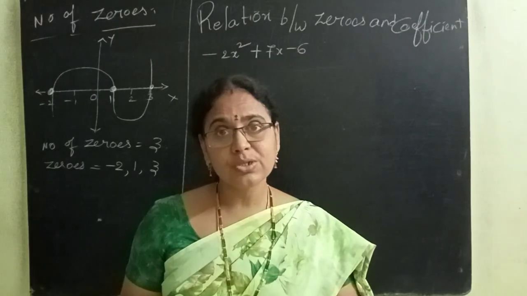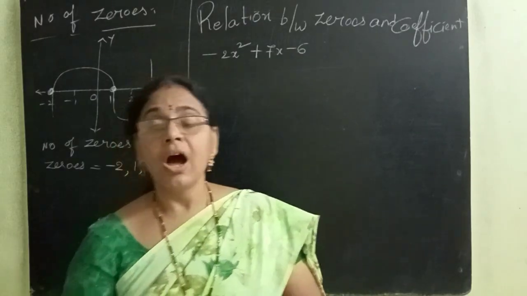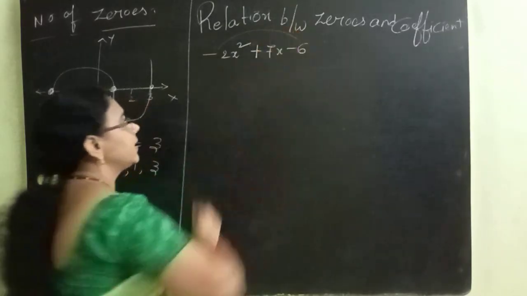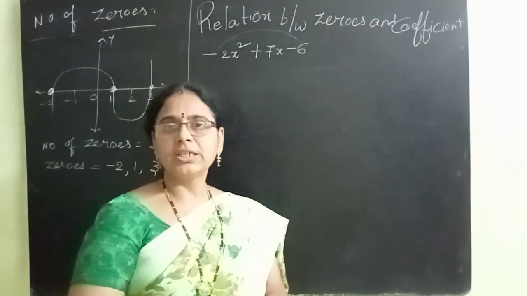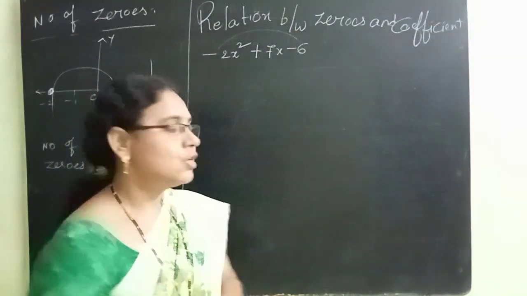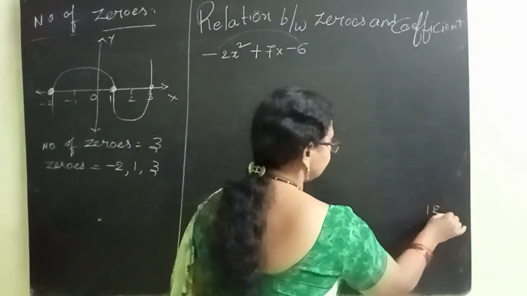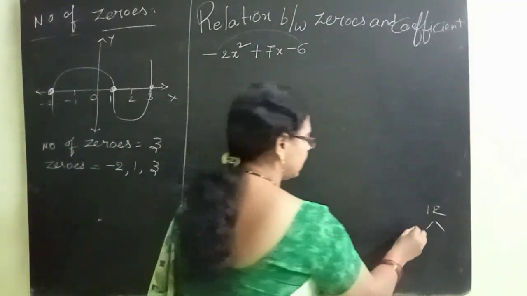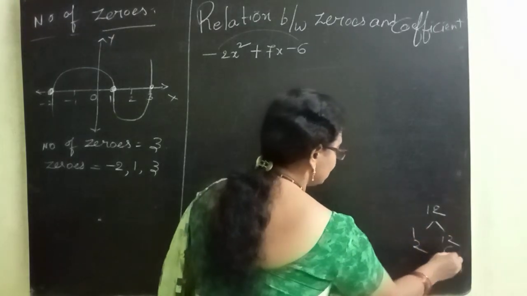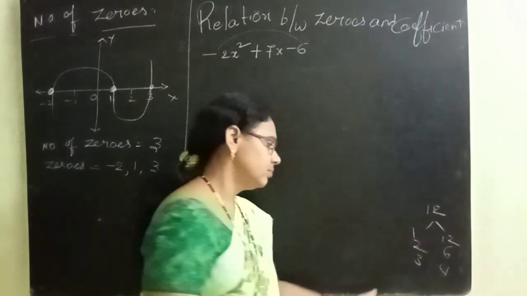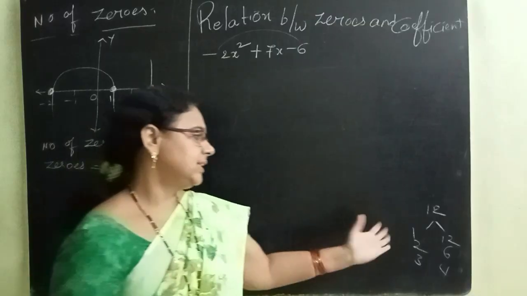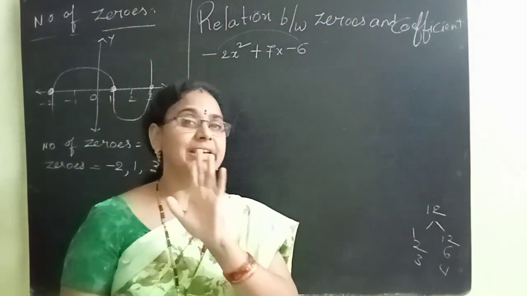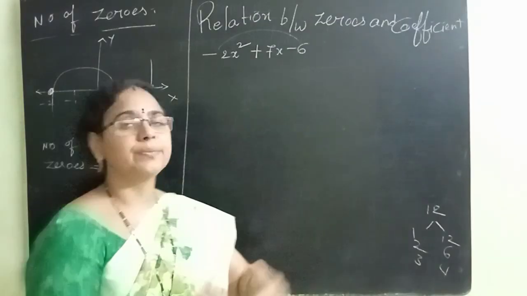What are the two zeros? First we have to find that. How can we find? By splitting method. Negative 2 into negative 6, minus of minus plus, 2 sixes are 12. I want factors for 12. From one table you have to start: 1 12, 2 6, 3 4s, 4 3 6 12 12 ones. Here only one pair will satisfy the middle number.